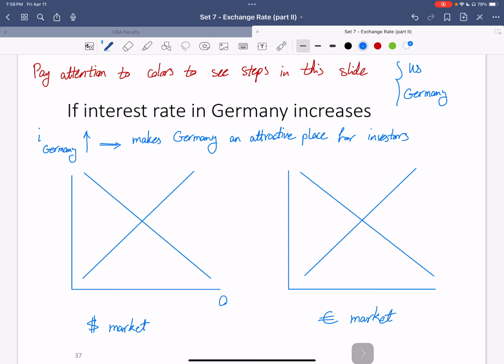So we have quantity of dollar, price of dollar is going to be euro per dollar. We have supply of dollar, demand for dollar, equilibrium point, quantity of euro, price of euro is going to be dollar per euro, supply of euro, demand for euro. All right.